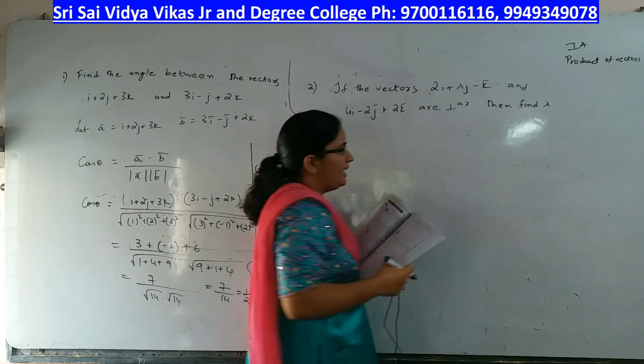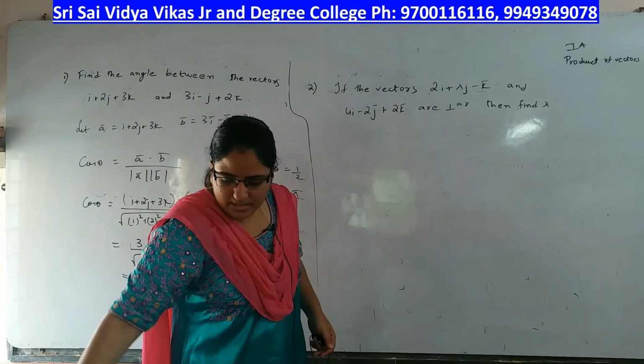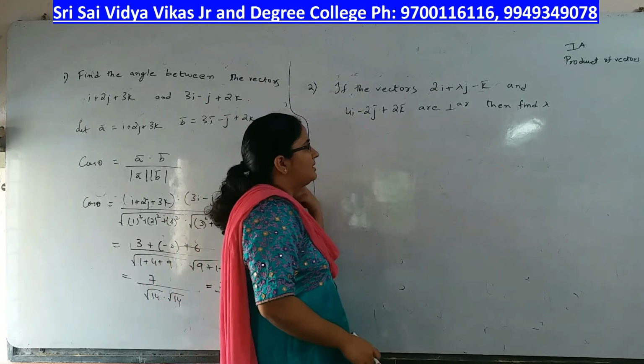How to find lambda? Whenever two vectors are perpendicular, their dot product is 0.